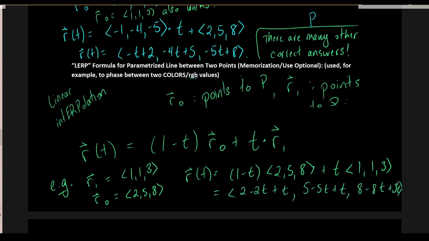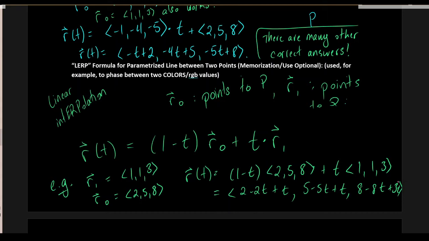Now, one of the cool examples of how this is actually used is to interpolate between 2 different colors. In the land of computers, a color is represented by a triple of values. One representing the red value, one representing green, and one representing blue. So a color is basically the same thing as a point in 3-dimensional space.